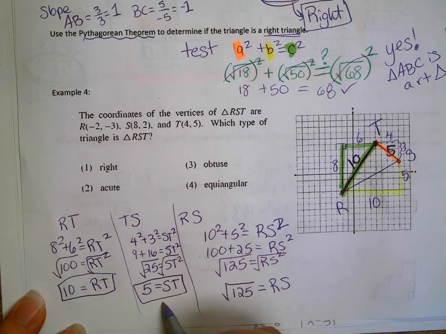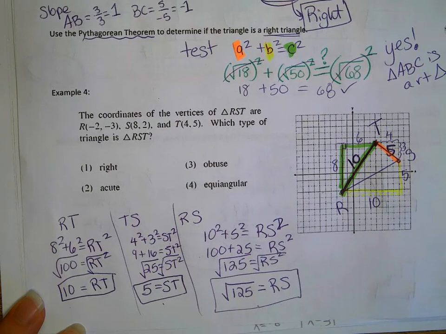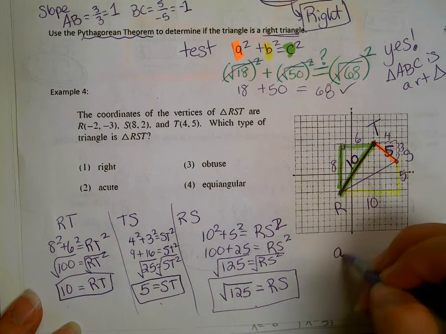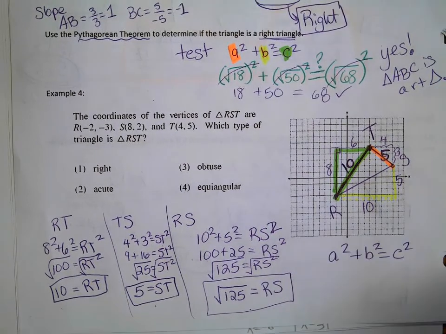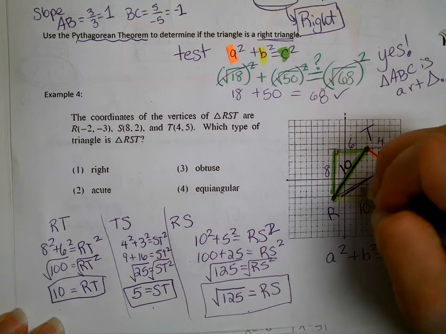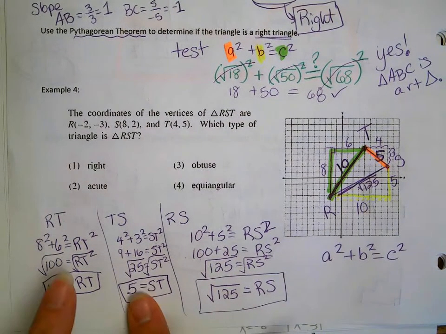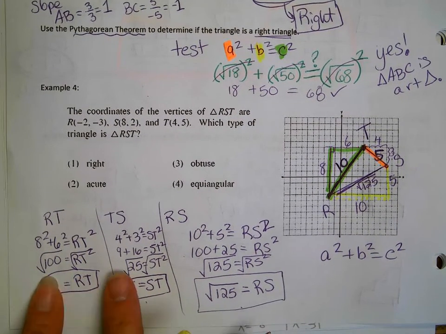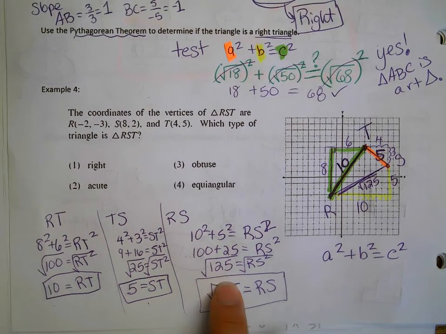So we have RT, ST, and RS. And what we're going to do is sub into A squared plus B squared equals C squared. So our longest side here is the square root of 125. We know that's bigger than the square root of 100. So looking at these lengths, square root of 100, square root of 25, square root of 125, this is definitely longer.